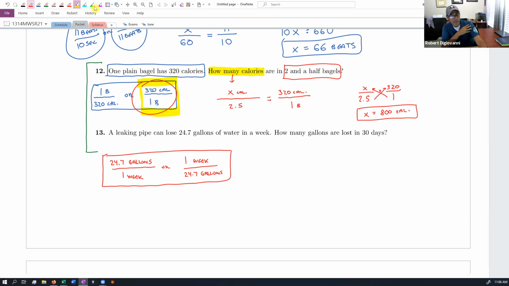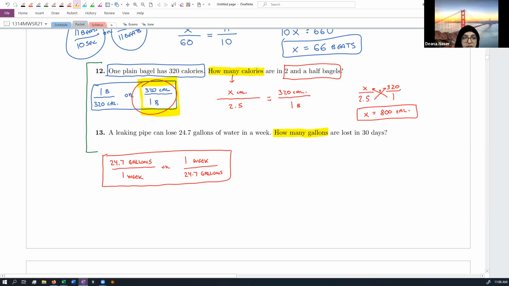We want to know how many gallons are lost in 30 days, right? So does someone see where there's kind of an issue with this? Yeah, we have different units for the measurement of time.